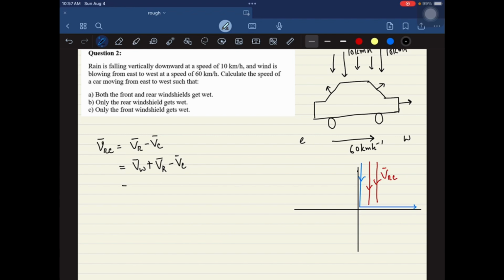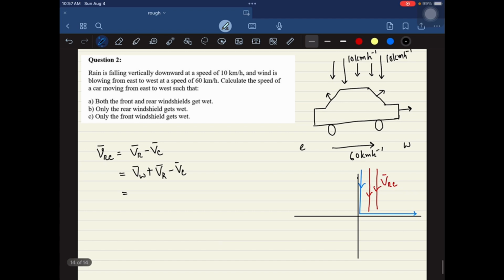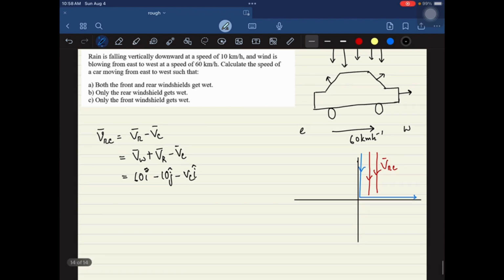So we can say that the wind velocity VW is 60 km per hour, or 60 i, the rain velocity VR is minus 10 j, and VC is VC i. So VRC is (60 minus VC) i minus 10 j.